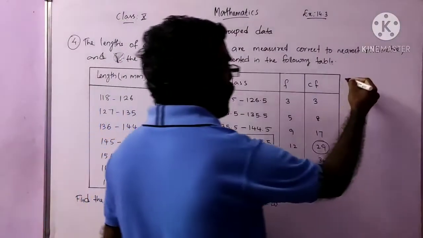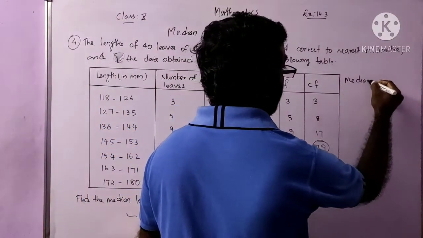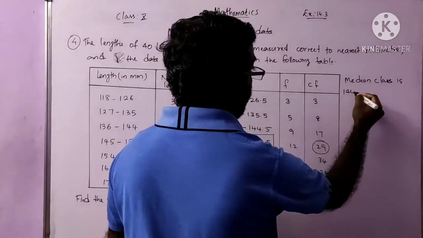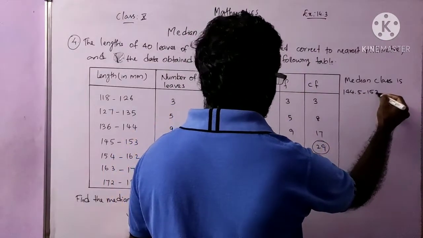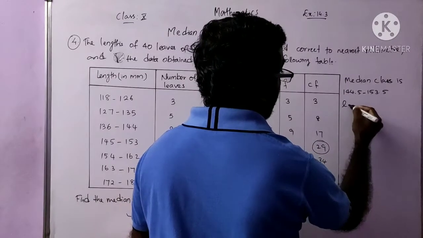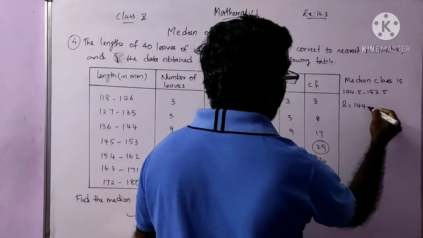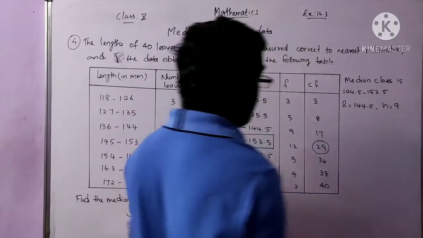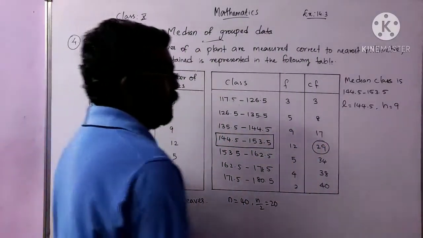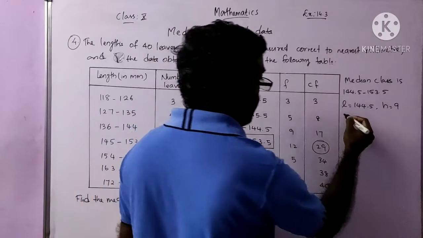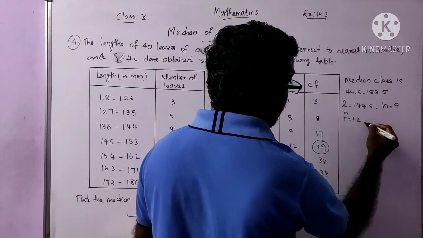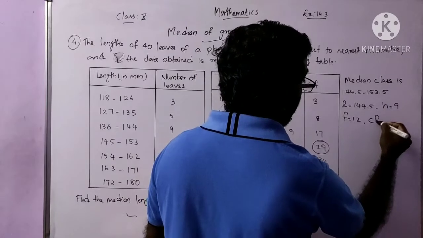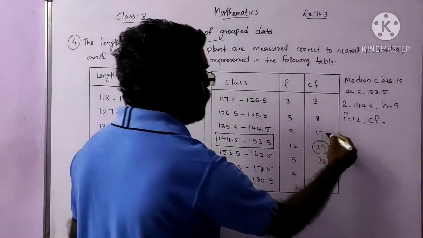Okay. So here the median class is 144.5 to 153.5. That is L is equal to 144.5. Here h is equal to 9, class size is 9. Then frequency of the median class is 12. f is equal to 12. Cumulative frequency of the class preceding the median class is 17.